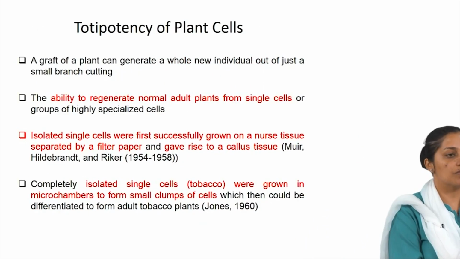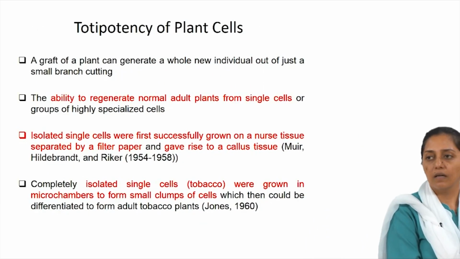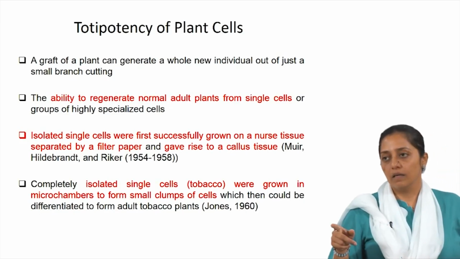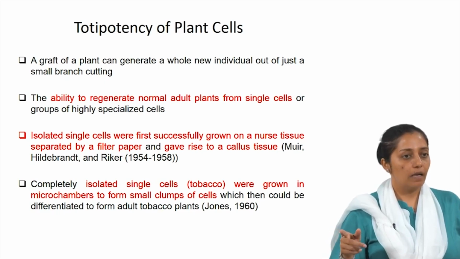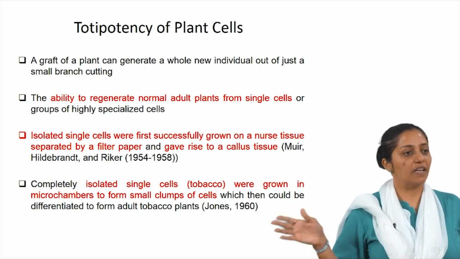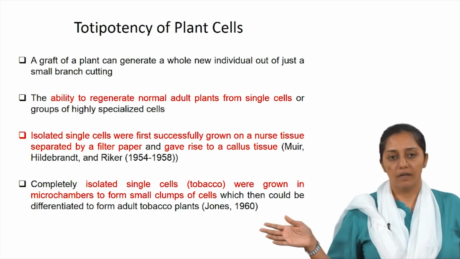So, now you know what totipotency is. Totipotency is the potential of any plant cell to revert back and reprogram itself from a specialized function to its original state and then re-specialize itself towards a different function.